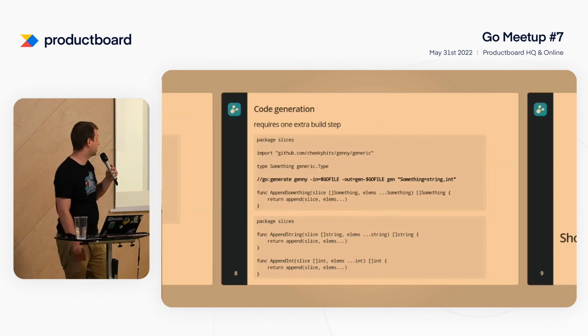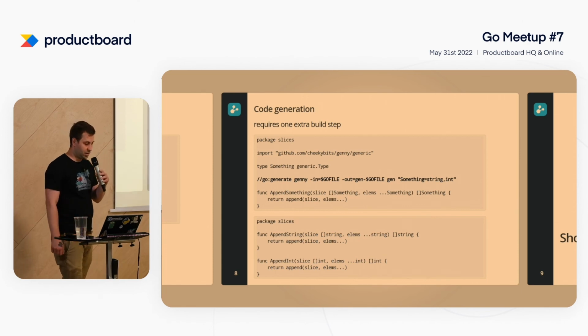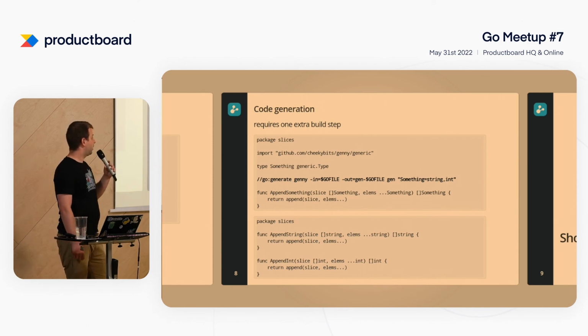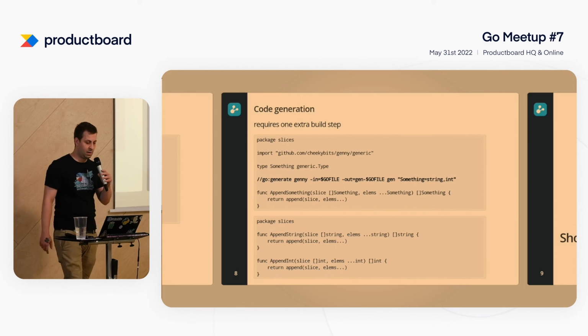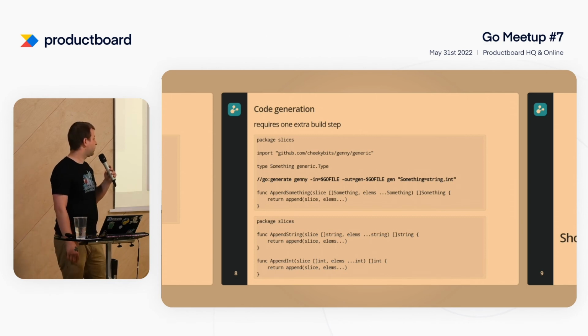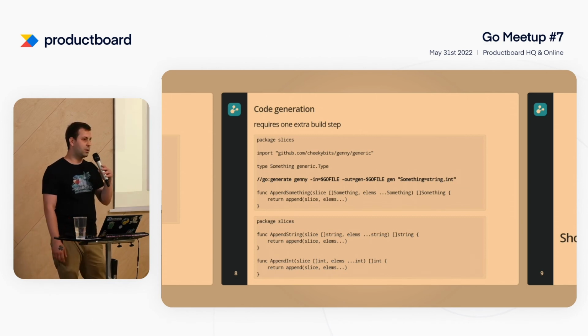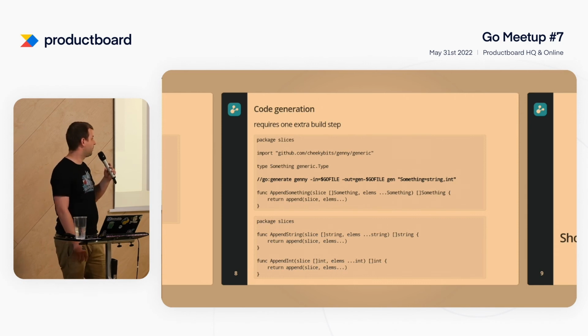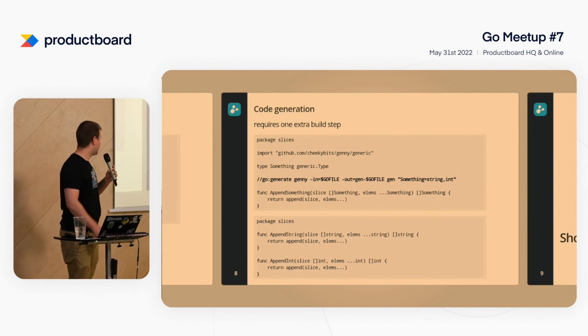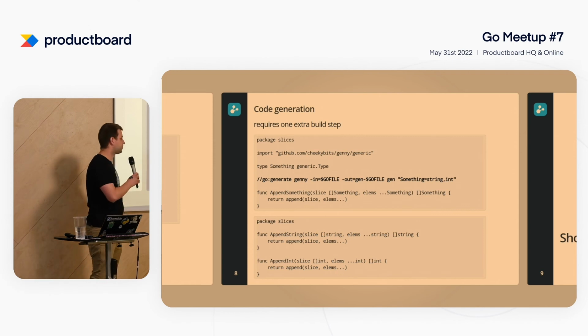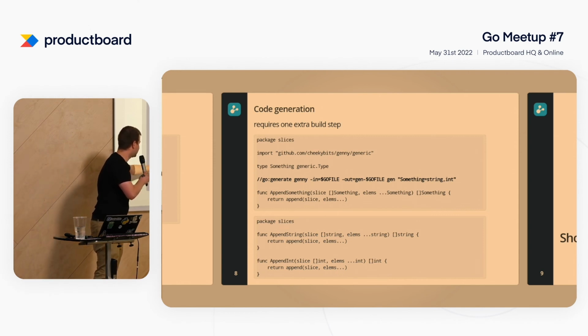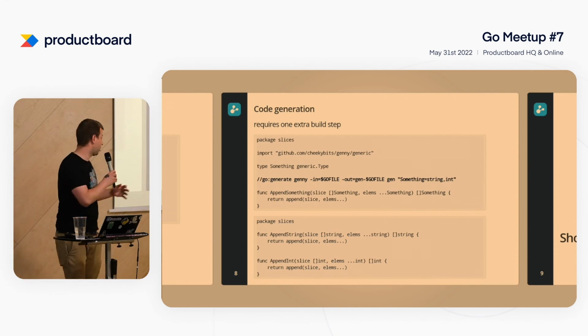And last but not least, code generation. We have the algorithm in one place in a template, but we have to generate the code for every type, and the functions, methods or types have a suffix, so we have multiple of them.